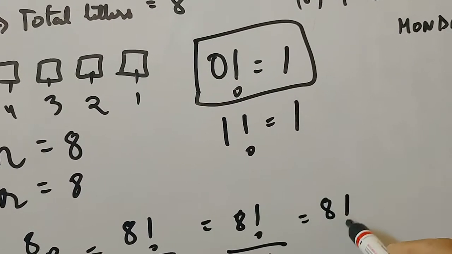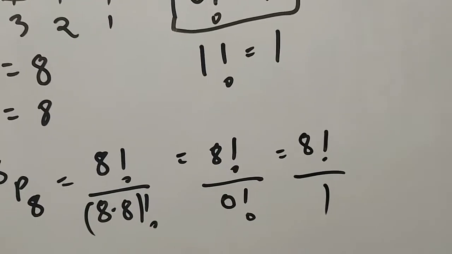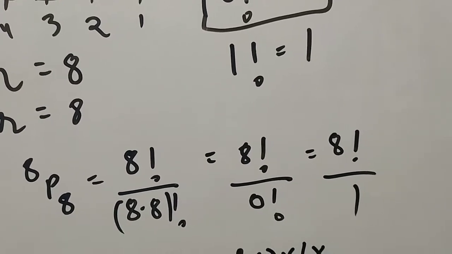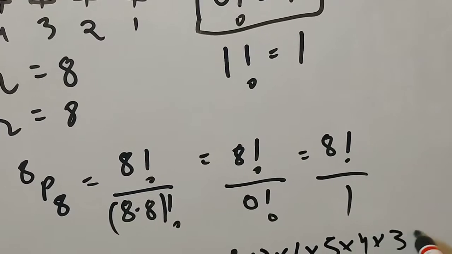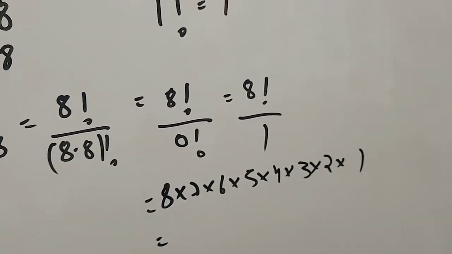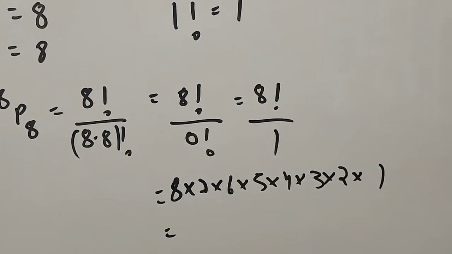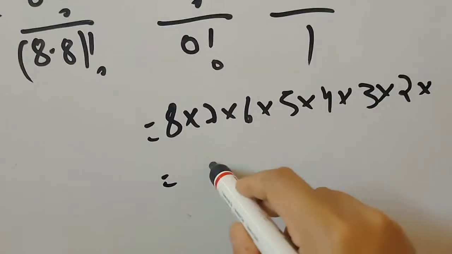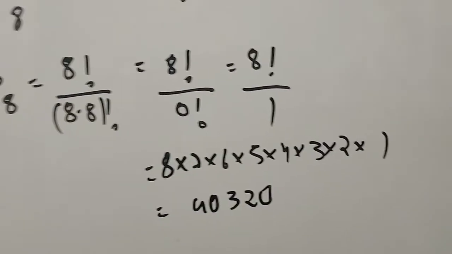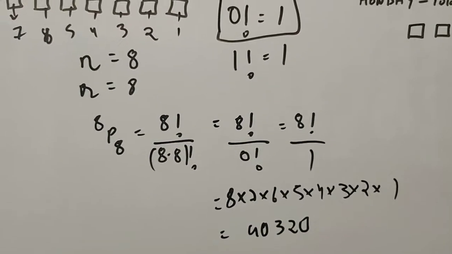So 8 factorial by 1. So solve 8 factorial, that is 8 into 7 into 6 into 5 into 4 into 3 into 2 into 1. Now when you solve this, the total you will get is 40320. This is the way you will solve this problem.